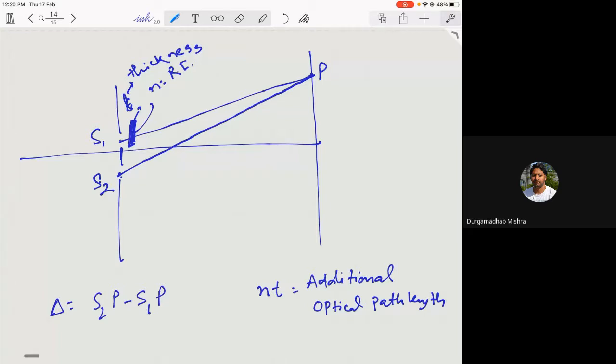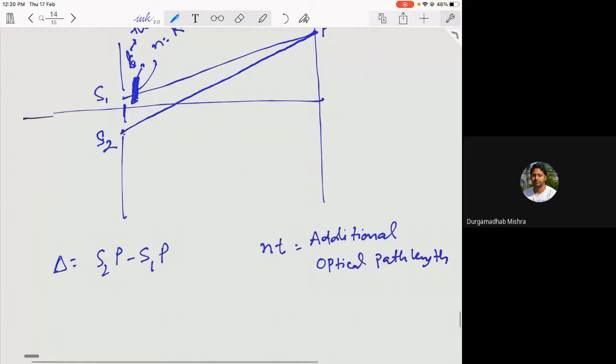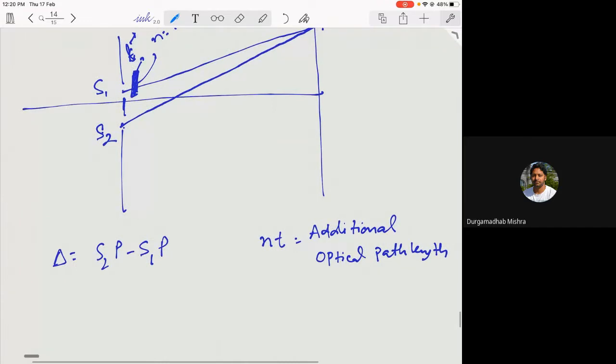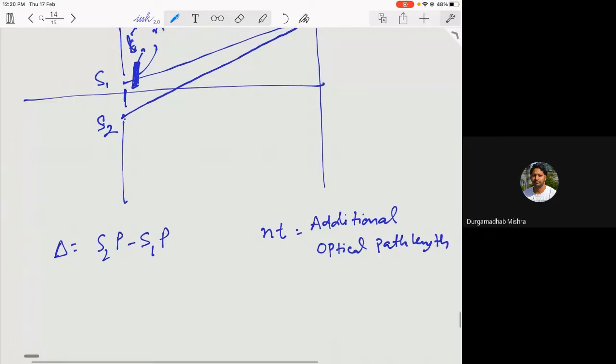So in that case, the interference pattern will remain the same, or the fringes will be there, but the only thing is there will be a shift in the fringe pattern because of this additional optical path length, and this shift is normally given by this term (n minus 1)t divided by d.